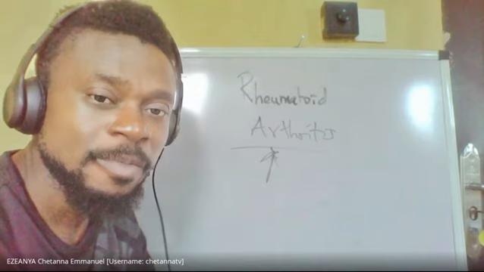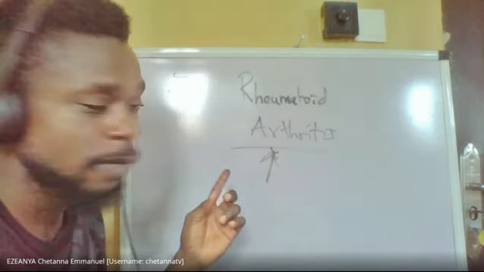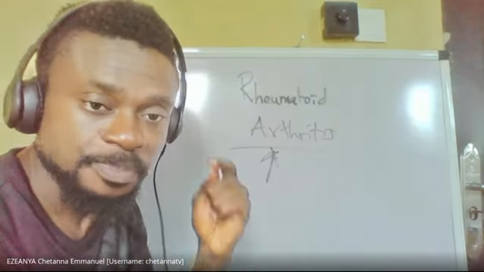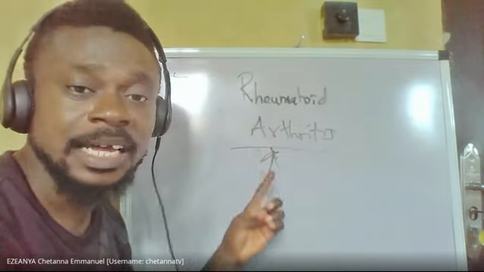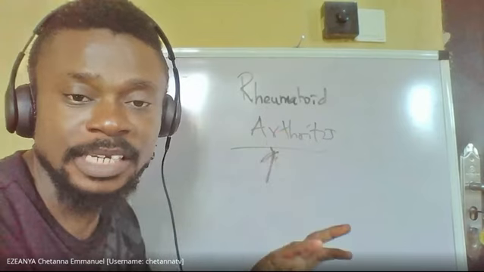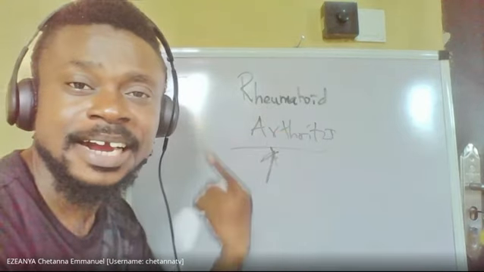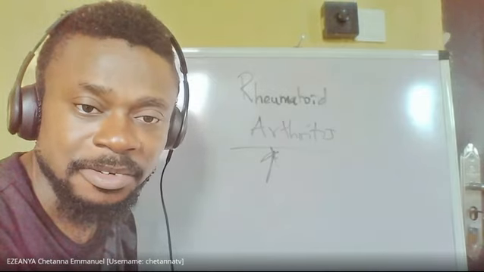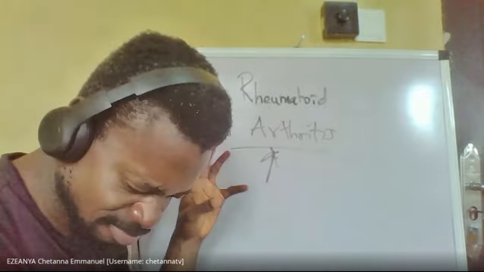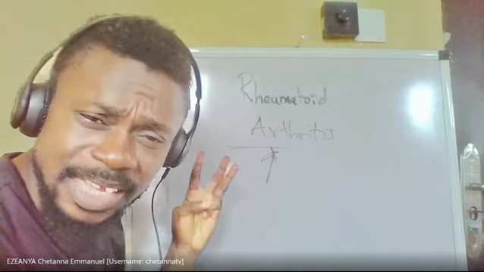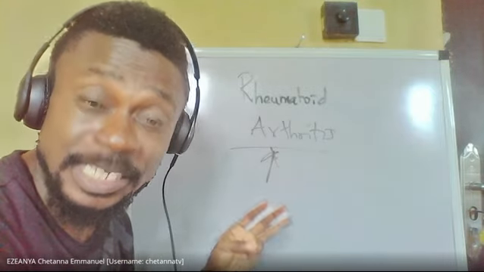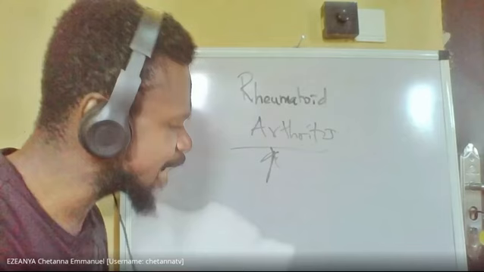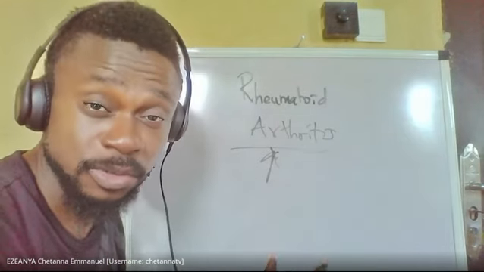Please, let's go back to the lecture. It's very important you understand this. Rheumatoid arthritis peaks at 30 to 50 years, and the highest incidence is around 40 to 60 years. As I said, it is mainly an autoimmune disease, even though it may still have some genetic undertone.